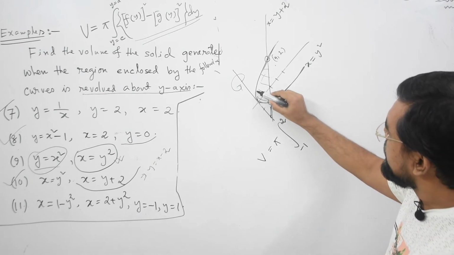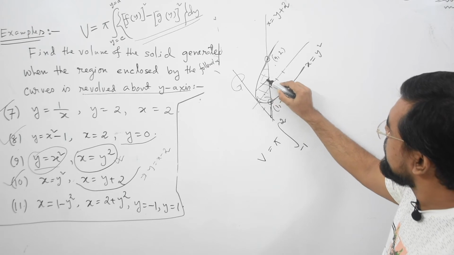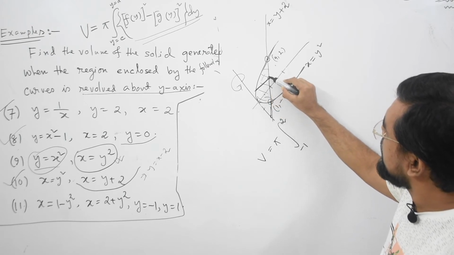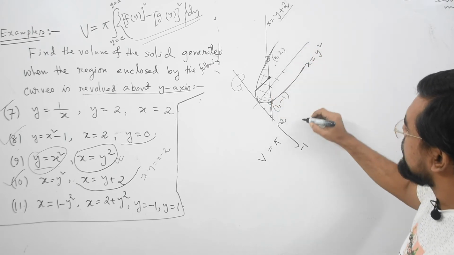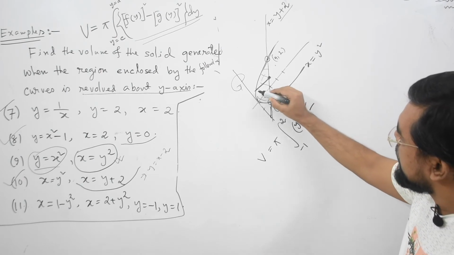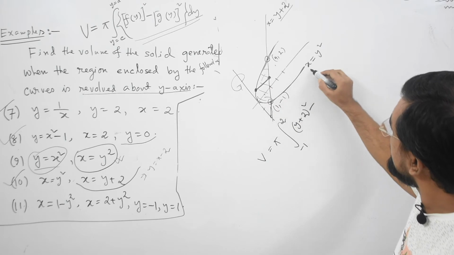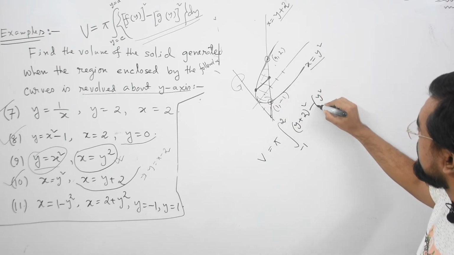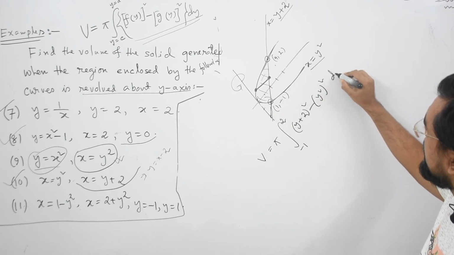If you take a cross section like this, the curve on the right is y plus 2, so (y plus 2) whole squared minus the curve on the left, y squared, whole squared, dy.